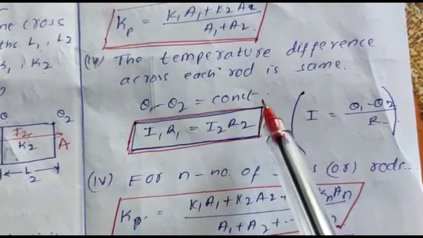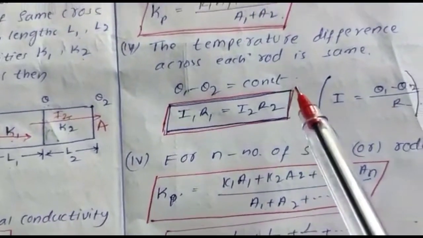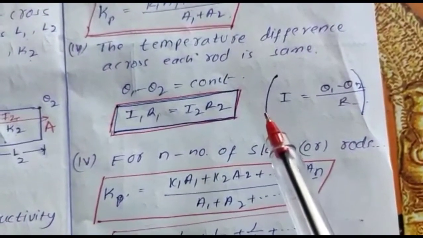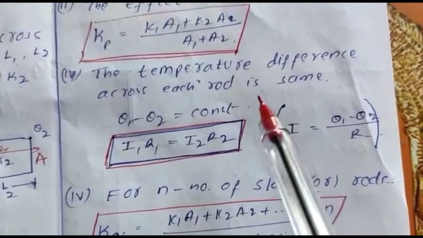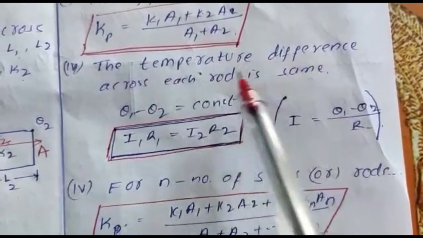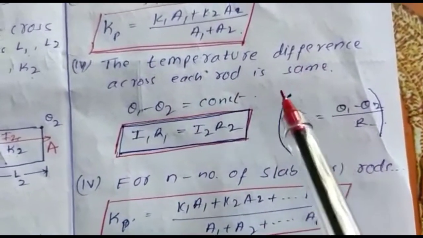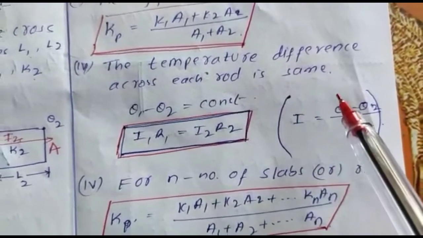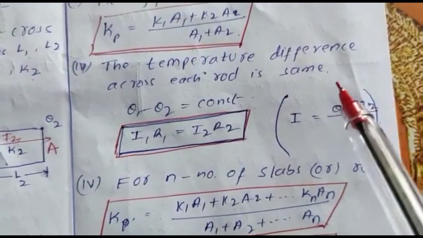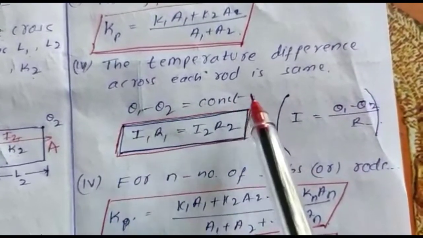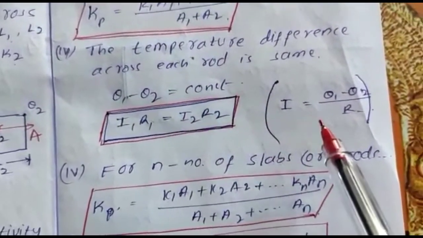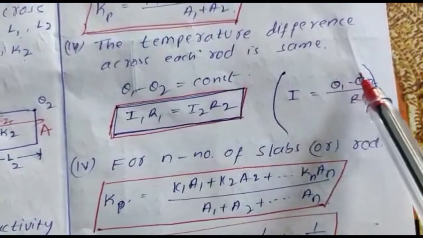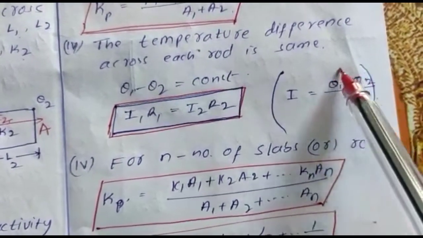In the series case, we have seen that the thermal current through each rod is the same, but in this parallel combination, the temperature difference across each rod is the same, but the thermal current is different. It means that in different rods in parallel combination, the current is not the same, but the temperature difference is the same. We know the formula I is equal to (theta 1 minus theta 2) by R, where theta 1 minus theta 2 is the temperature difference.